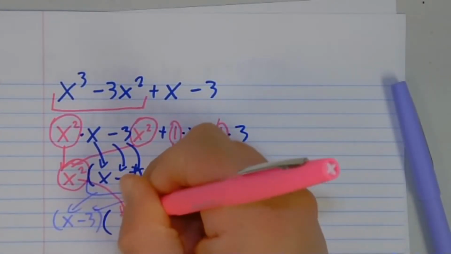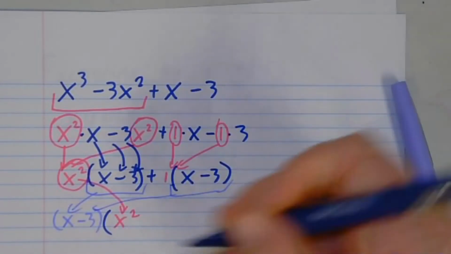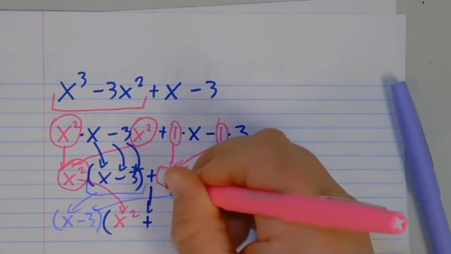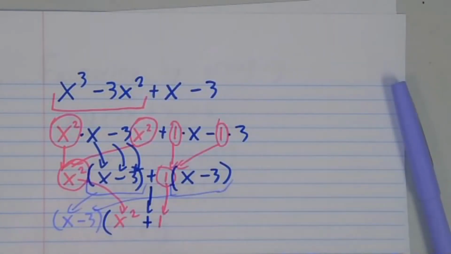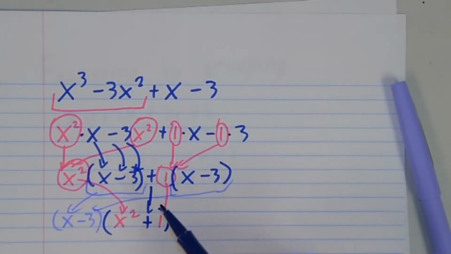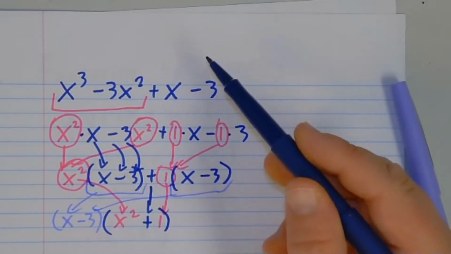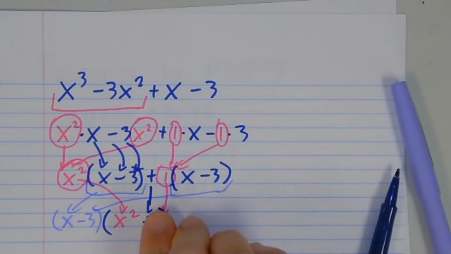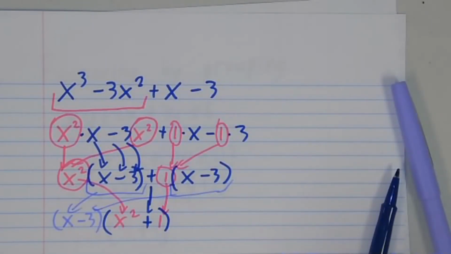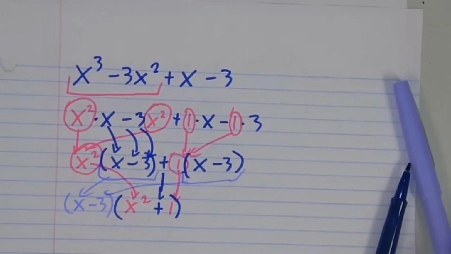X squared plus 1. And that's why I needed the 1, is so I had something to put there. Because that's what I need to do so that when I multiply this whole thing through, I'll get all 4 terms. If I just multiplied this by x squared, I'd end up with x's in all of the terms. And this 1 needs to get multiplied by the negative 3 so that I can have that negative 3 term. I'm going to do one more example, and then I'll end the video.